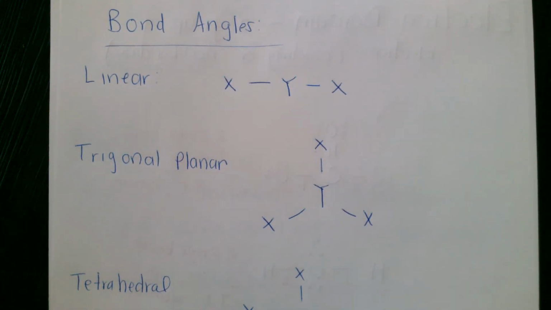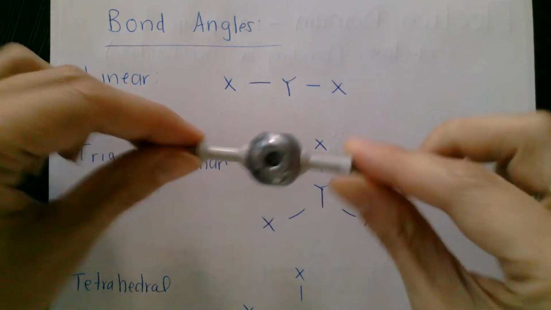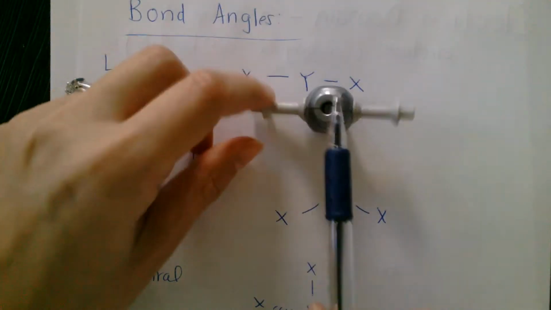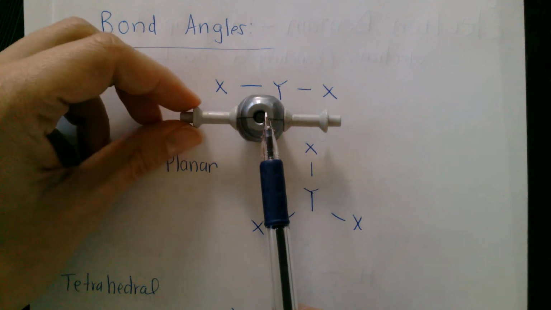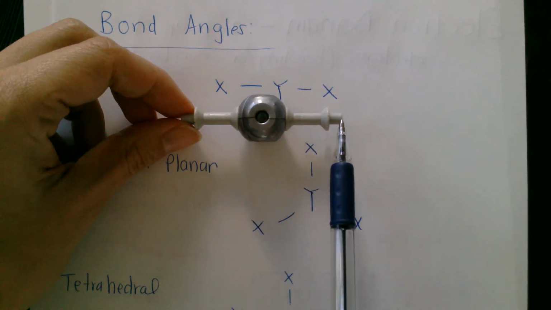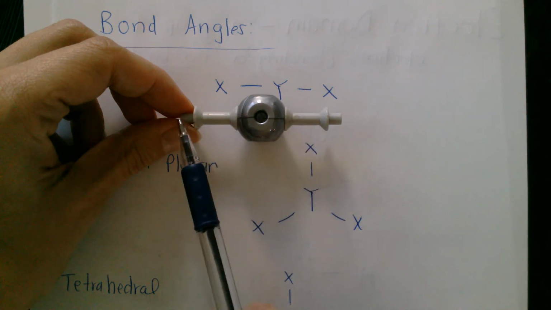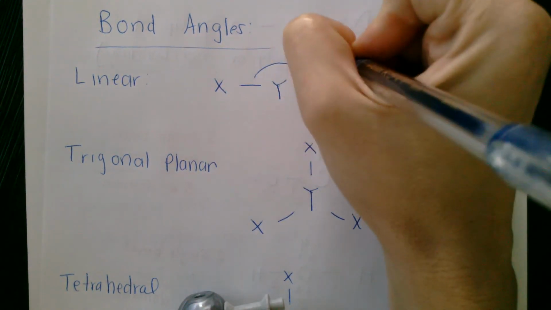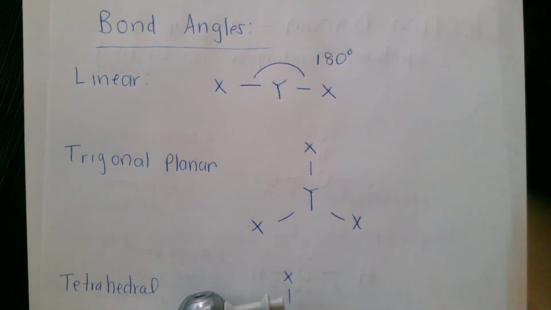So linear, that was our first shape. Here is a linear molecule. You have your central atom right here, and then you have the other two atoms as far apart as possible. Our bond angles for the linear shape are 180 degrees.